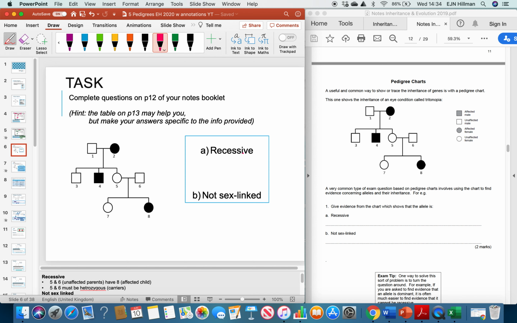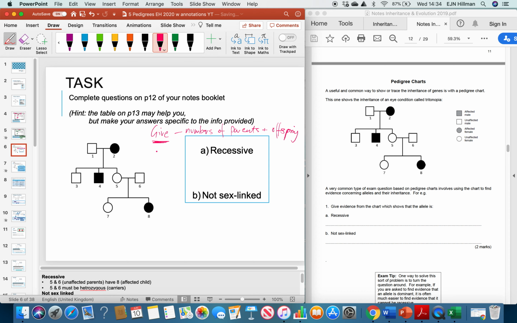So, for a recessive trait, if we want to find evidence that there is a recessive trait, and the question says give evidence, give means we just need to look for the numbers of the parents and offspring. Give literally means to state the numbers.